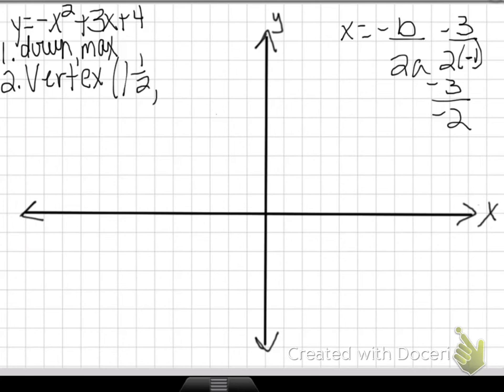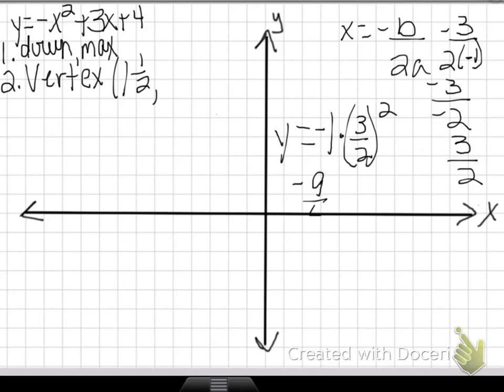Now when I go to plug +3/2 into this equation, I'm going to leave it as 3/2. Now a is negative, so you want to think of it as -1 times 3/2 squared. So that's 9/4, so that's -1 times 9/4, which makes it -9 over 4.